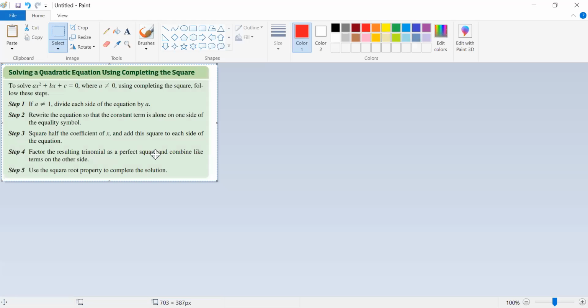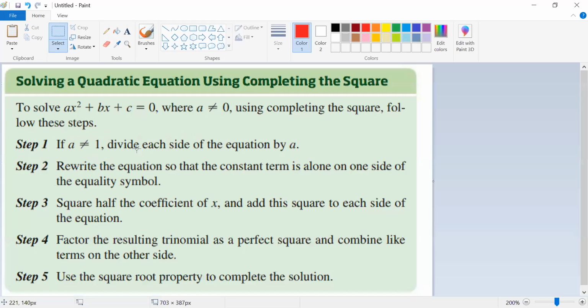I'm going to see if I can put it on the whiteboard here. It does not want me to paste an image. That's all right. Let me see if I can just share my paint. So you guys can see that.